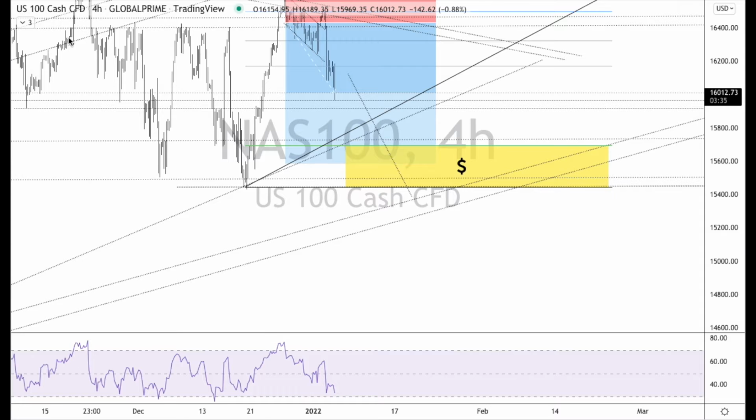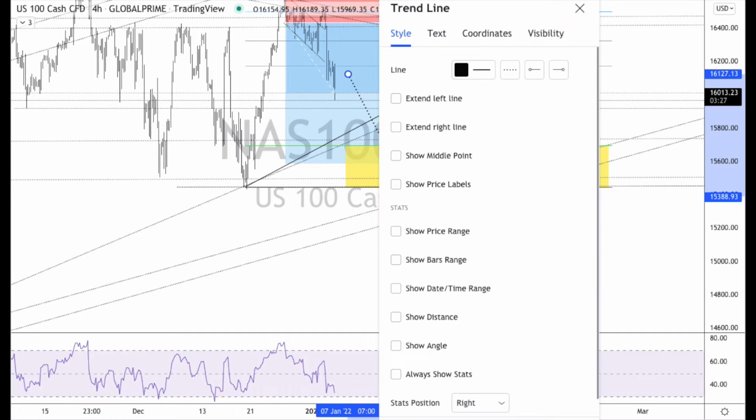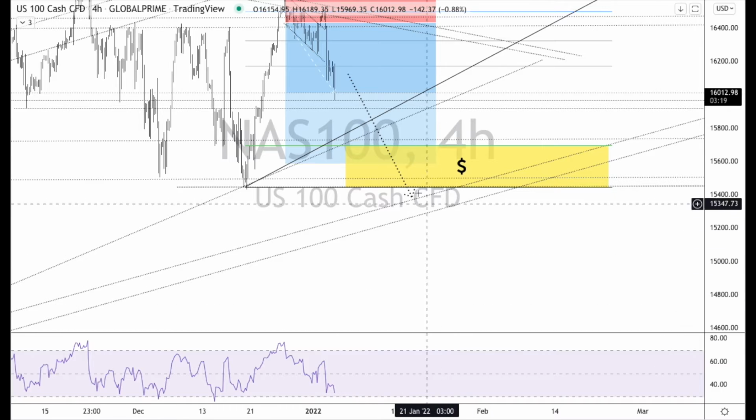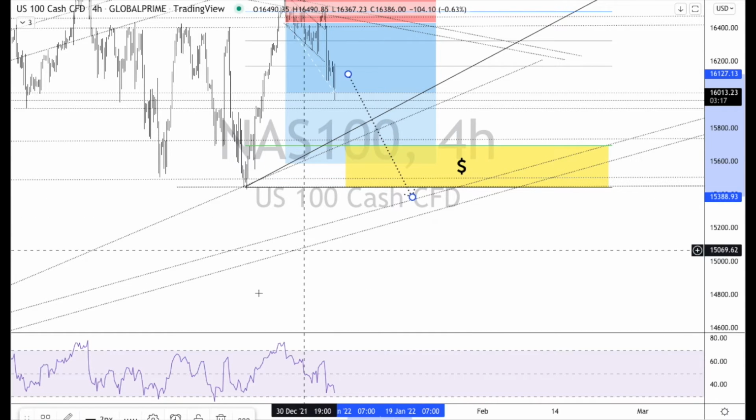Let's make this thicker. Alright, let's put an arrow at the end, and let's come out of this.